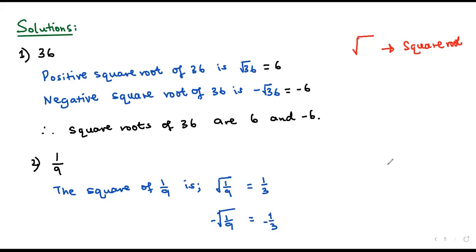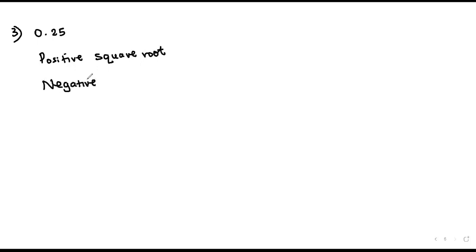So we look at number 3. For number 3, we have got 0.25. Remember, we need to have the positive square root and then we need to have the negative square root.